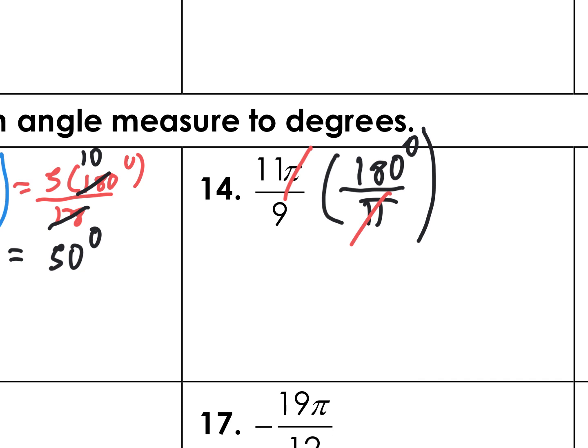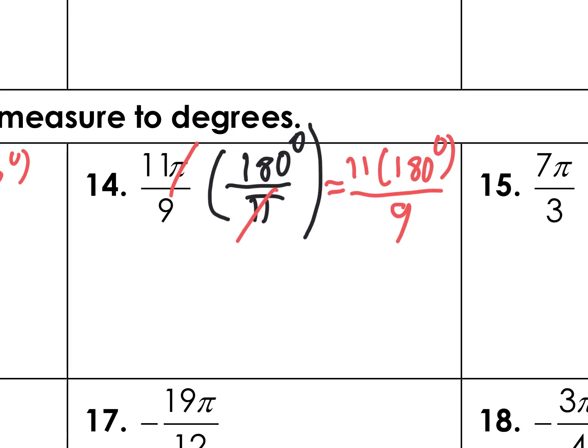And I could do 11 times 180 degrees all over 9. But why don't we do some thinking and say to yourself, 9 goes into 18 twice. So that really turns into 11 times 20. That'd be a 220 degree angle.